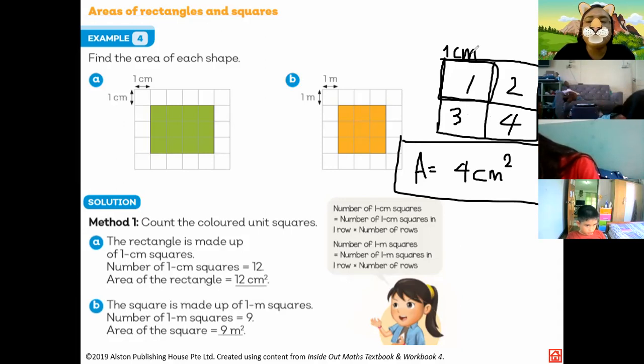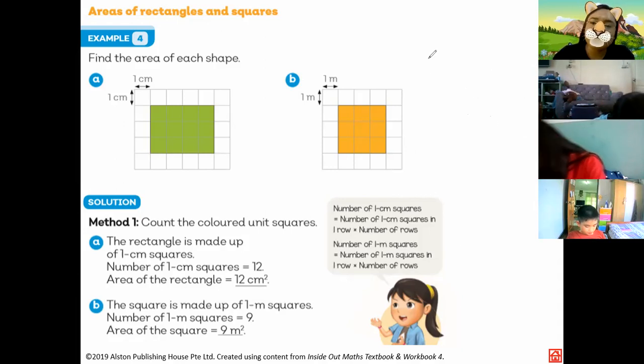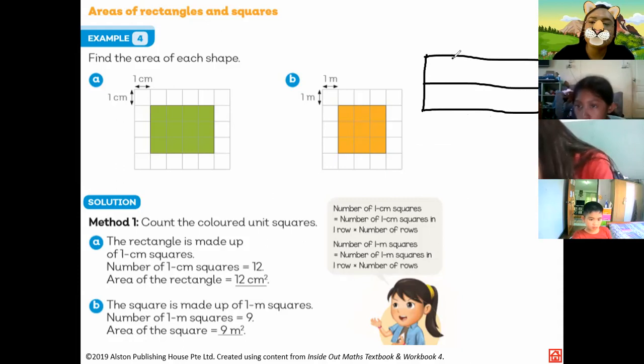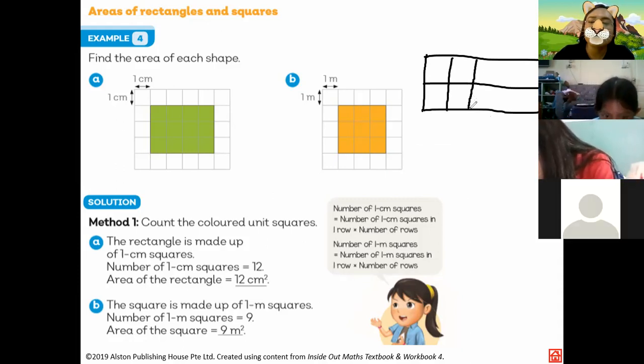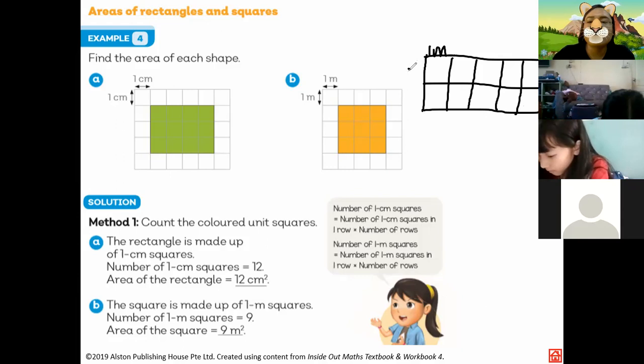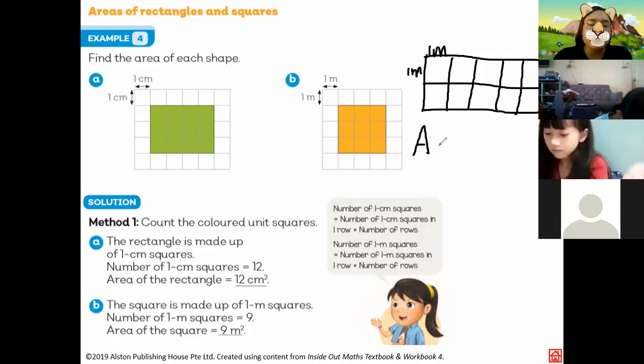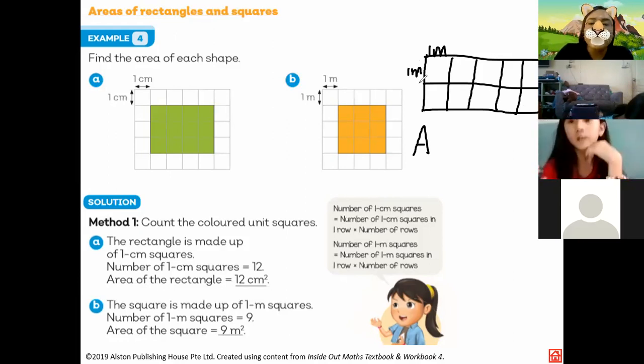All right, another example I have. Each square has a 1 meter squared measurement, or each square has an area of 1 meter squared.